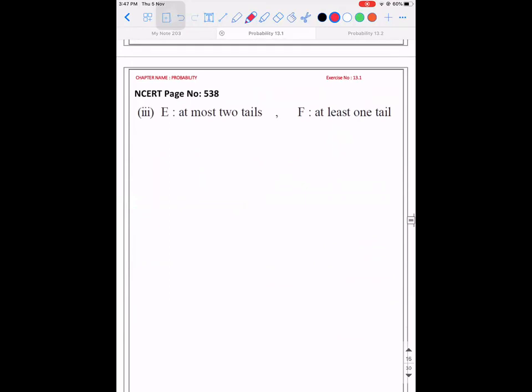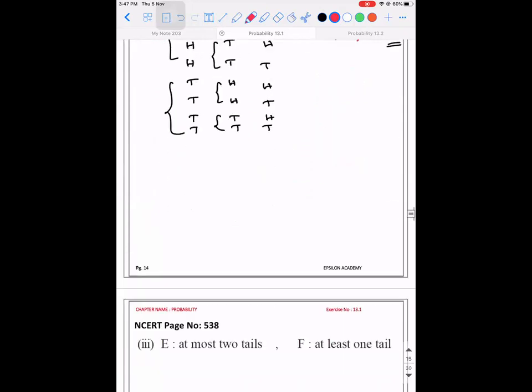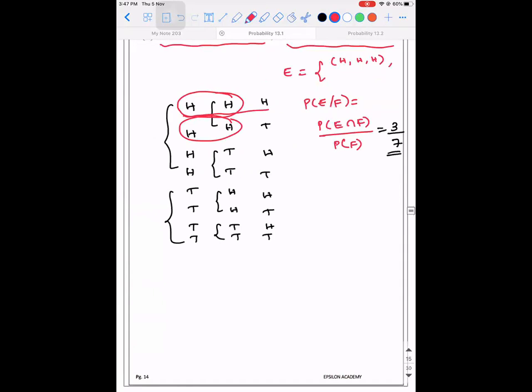So at most 2 tails. At most 2 tails means 0 tails, 1 tail, or 2 tails. So it will be the same 7.